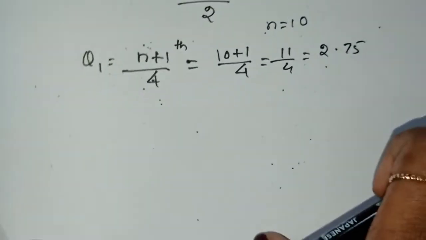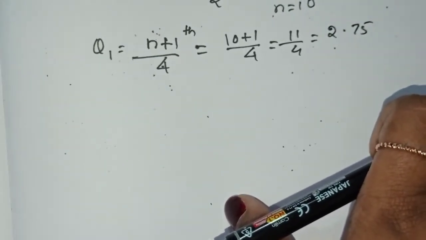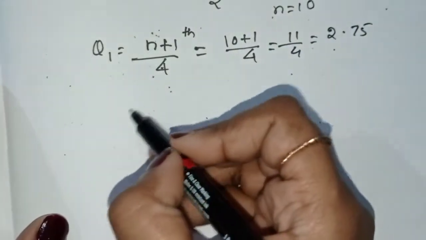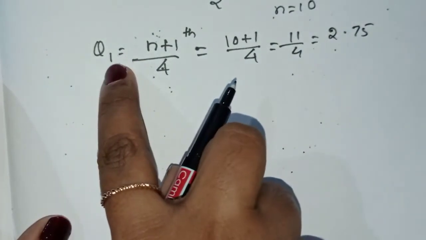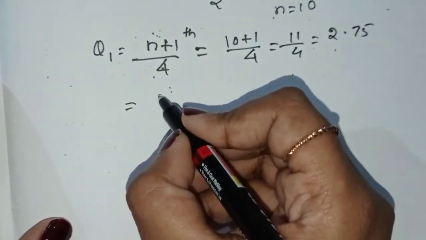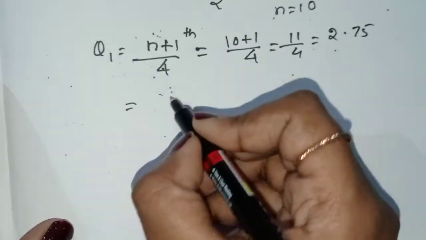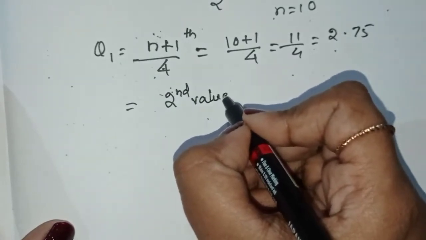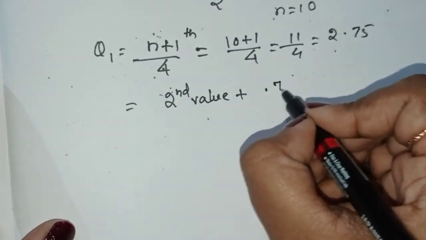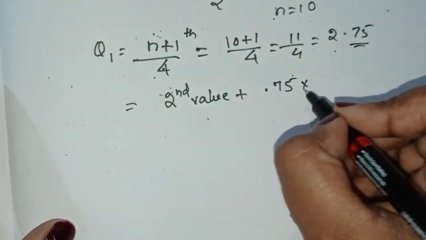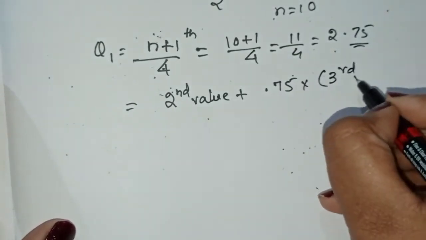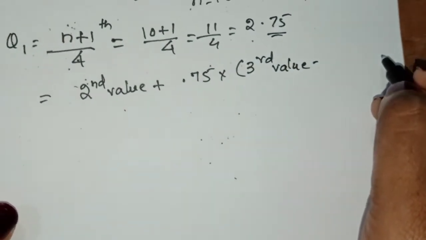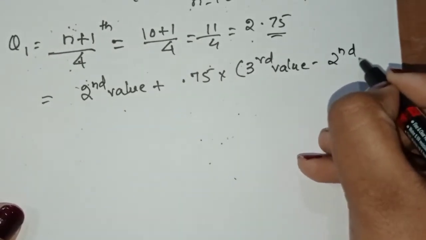2.75. So we know that, if you check that video, you will understand that quartile deviation is actually based on quartiles. Okay, so to find the first quartile Q1, what we have to do is write the second value plus 0.75 into the third value minus the second value.